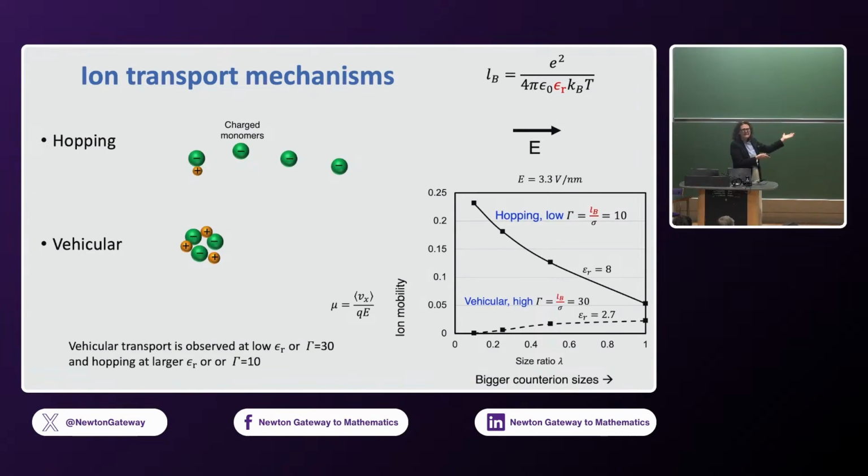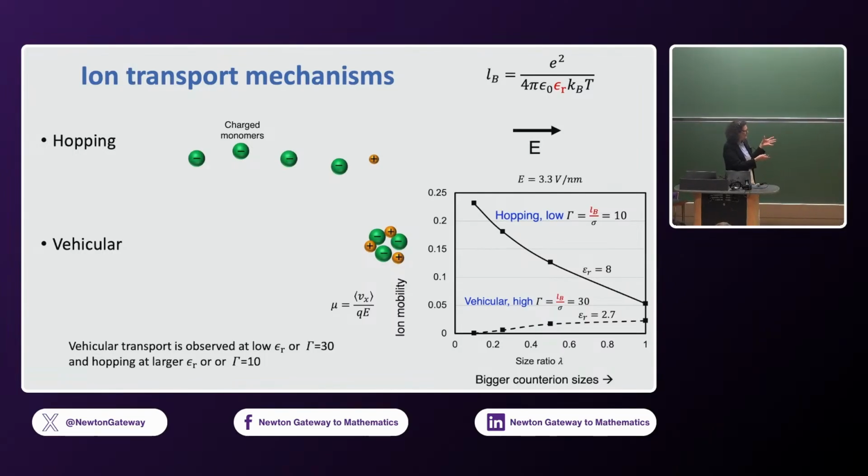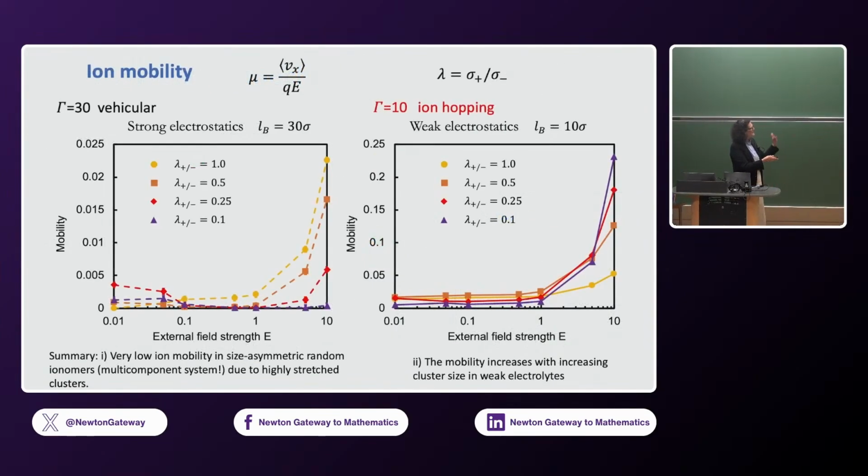The mechanisms of transport of charge of the ions are hopping or vehicular. These are well-known mechanisms. When you put an electric field, if you have a low coupling gamma between the clustering, then they hop, and if not, you have vehicular transport, which is diffusion. The message is that in both cases you are going to find nonlinear response when you go to strong fields.